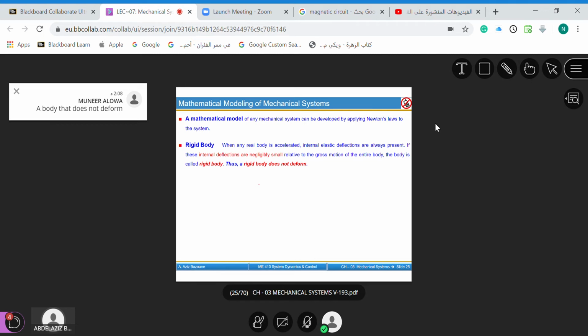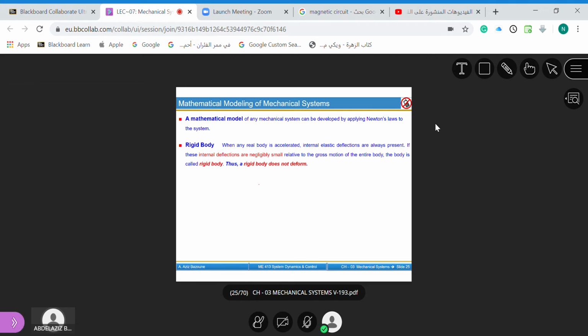Okay, here we consider that the rigid body does not deform. The internal forces will not deform it. It will not deform, so it will go just like this in the same manner.